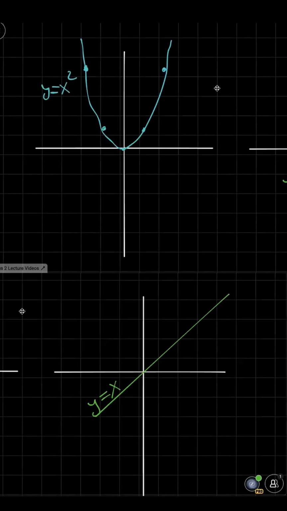We know earlier that when we do the area beneath a curve, we're just taking the integral of that curve. So the integral of the first one is just the integral of x squared dx, and the integral of the second one is the integral of just x dx. But to find the area between these two curves, we first figure out where they actually intersect.